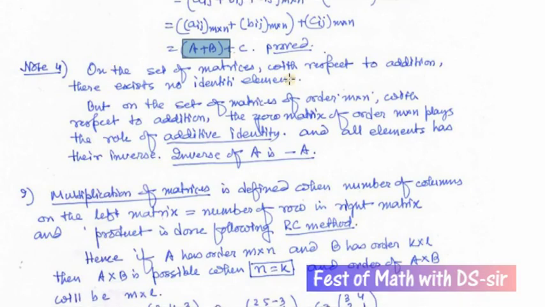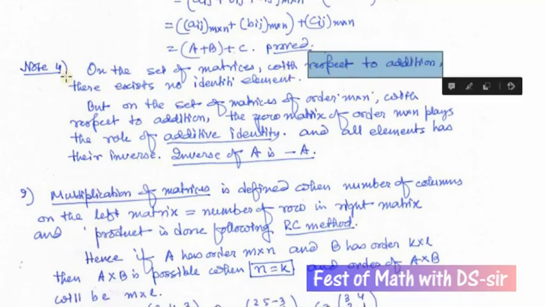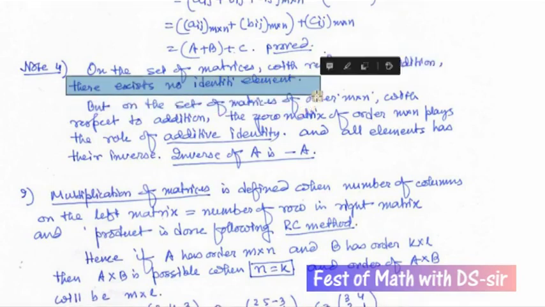Note 4. On the set of all matrices, with respect to addition, there exists no identity element, because the identity element must be unique, so its order is fixed, so it cannot be added with any matrix.